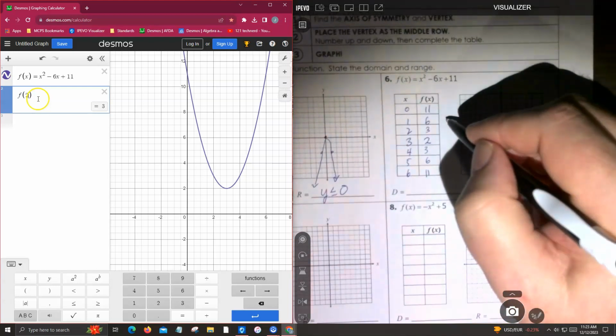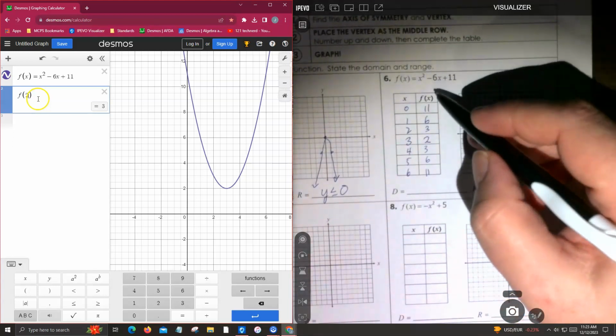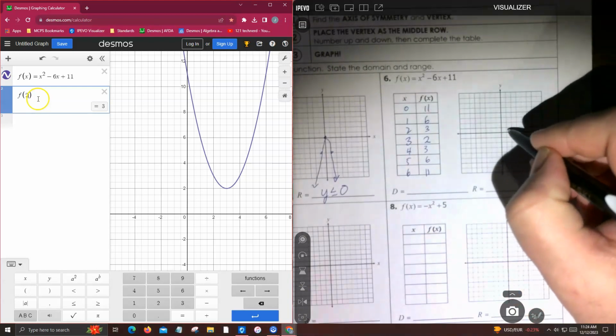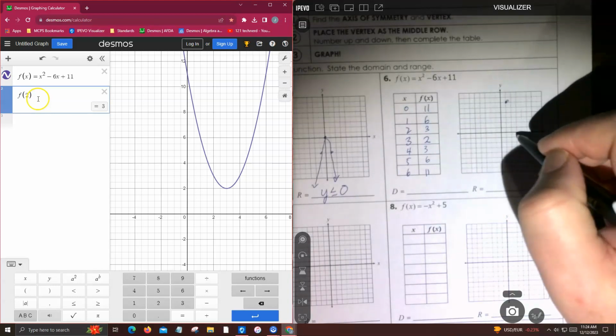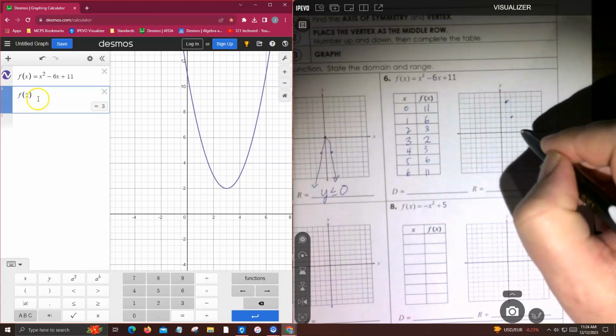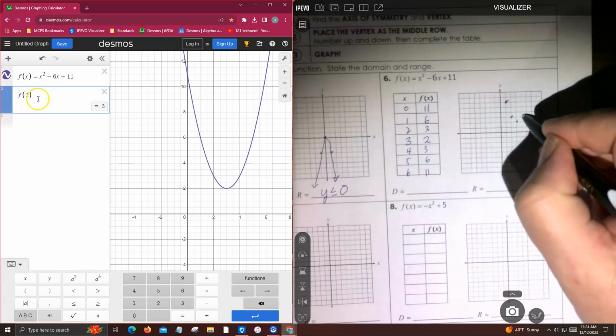And I should be able to graph those points right there. I can't graph 0, 11, but I can graph 1, 6. That's there. 2, 3. That's there. 3, 2 is right there, and then it's a duplicate back up again.